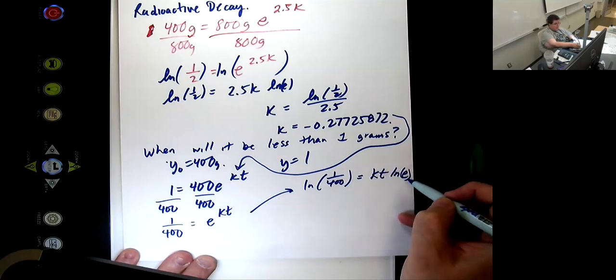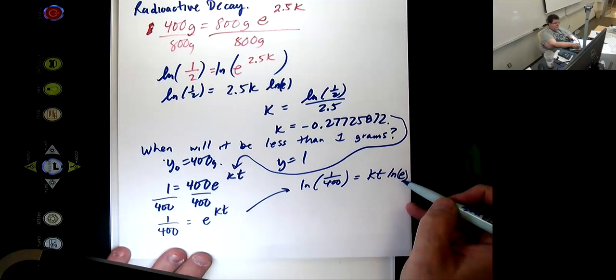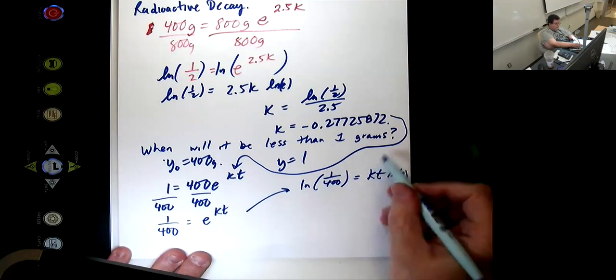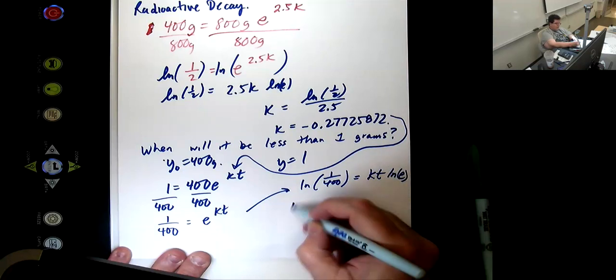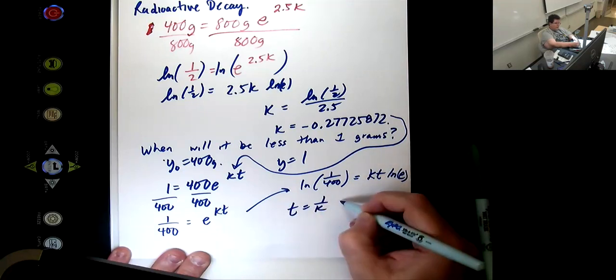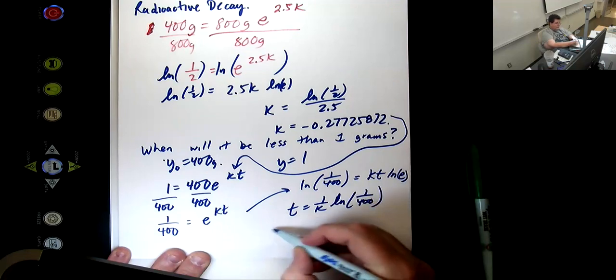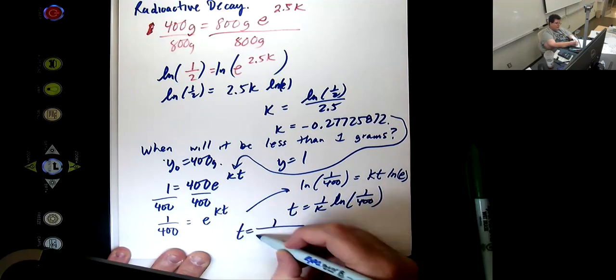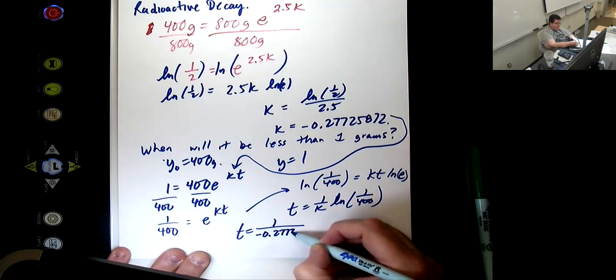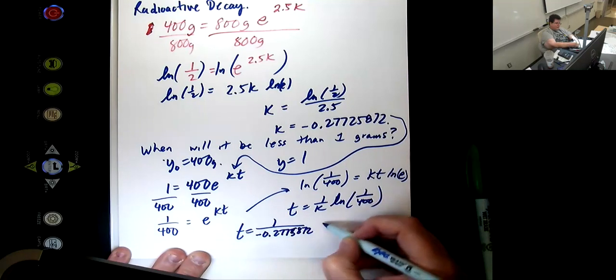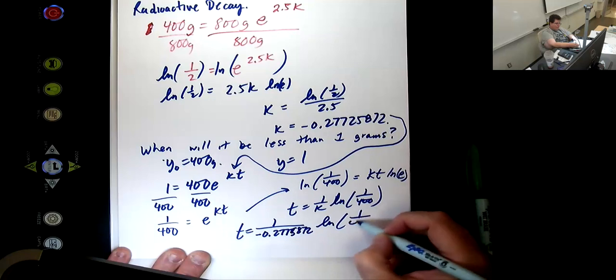I know I'm going kind of quick. Time constraints here. K is a number. We still have K here. So T equals 1 over K times natural log of 1 over 400. T equals 1 over negative 0.27725872 times natural log of 1 over 400.